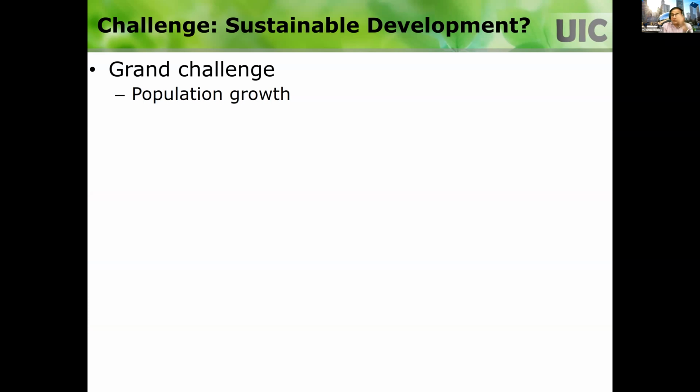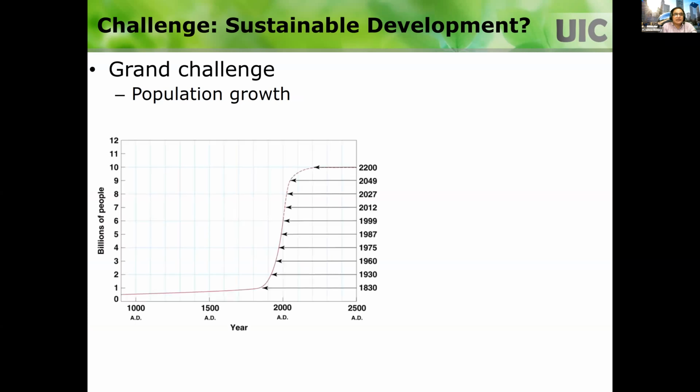The other challenge I want to mention, which is going to be very concerning for everyone, is population growth, right? The population has been growing exponentially. Right now we have 7.8 billion, and it's going to increase significantly.